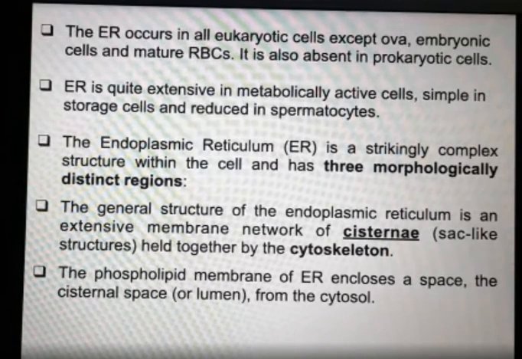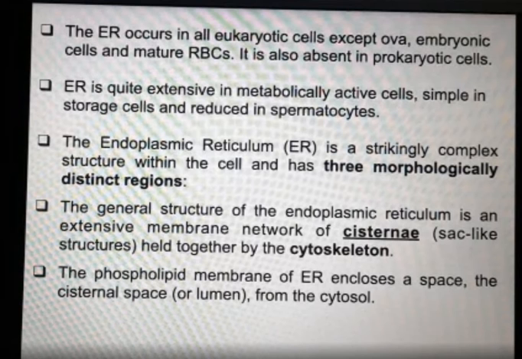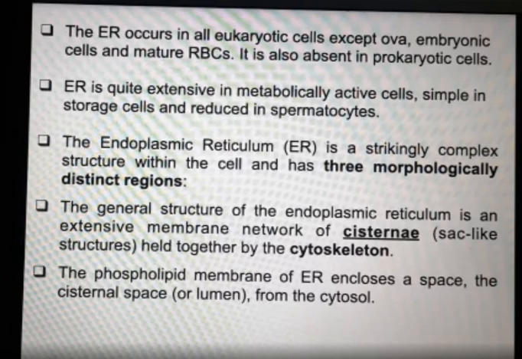So in active cells it is quite extensive, but if the cell is inactive, it is in the form of storage, and it is reduced in the spermatocyte, where these are almost not required. The endoplasmic reticulum is a strikingly complex structure within the cell and has three morphologically distinct regions.